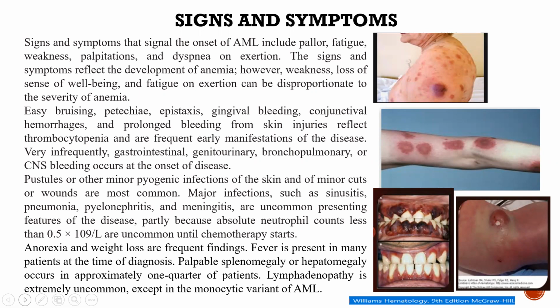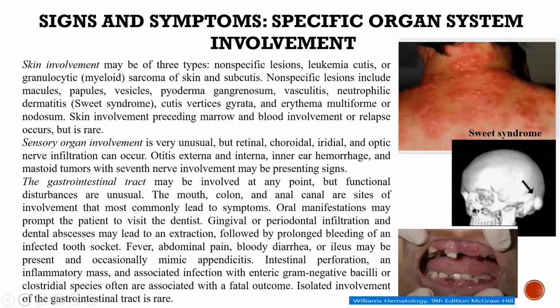Anorexia and weight loss are frequent findings. Fever is present in many patients at the time of diagnosis. Palpable splenomegaly or hepatomegaly occurs in approximately one quarter of the patients. Lymphadenopathy is extremely uncommon except in the monocytic variant of acute myeloid leukemia.